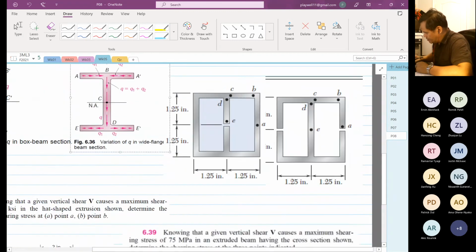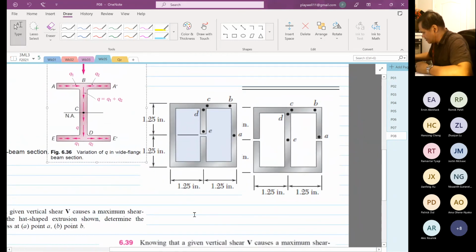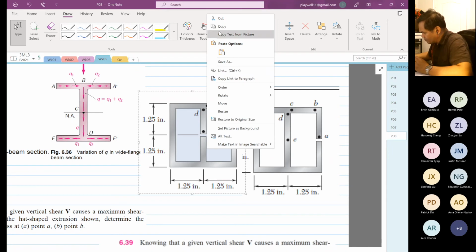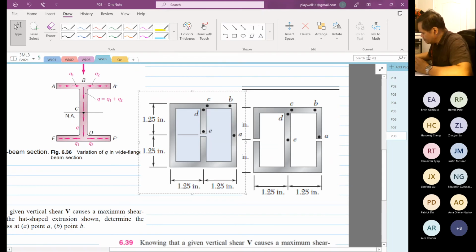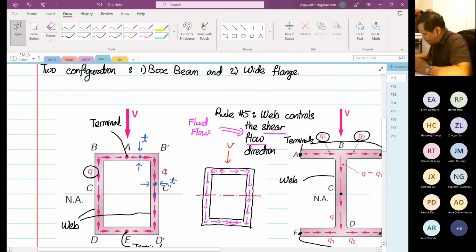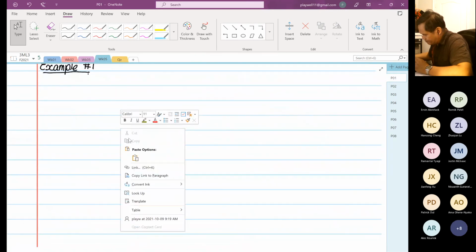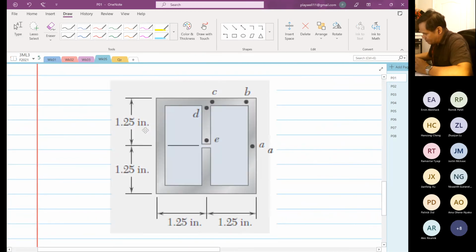Before I do example number 1 in full detail, I want to do some examples on constructing shear flow, and it's very interesting. So let's call this example number 1.